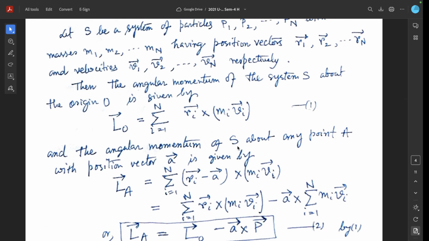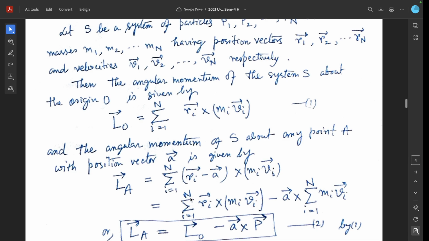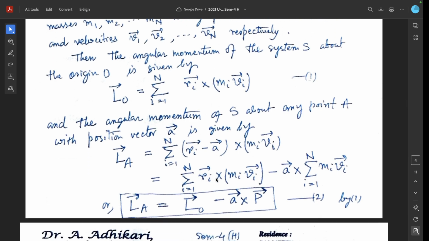And the angular momentum of the system S about any point A with position vector a vector is given by L_A vector equals summation of (r_i vector minus a vector) cross m_i v_i vector. So summation r_i cross m_i v_i minus a vector cross summation m_i v_i.